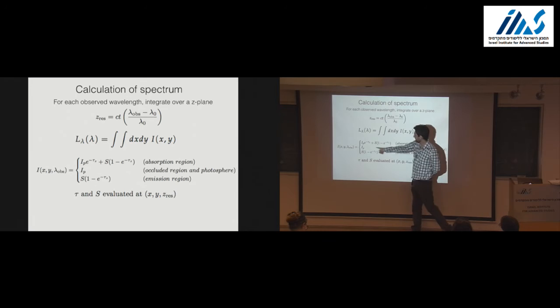And the intensity you see we've now derived is either, depending on where you are, if you're in front of the photosphere, you have attenuation of the photosphere and emission. If you're to the side of the photosphere, you just have emission. And if you're behind the photosphere, you just see the photosphere intensity itself.